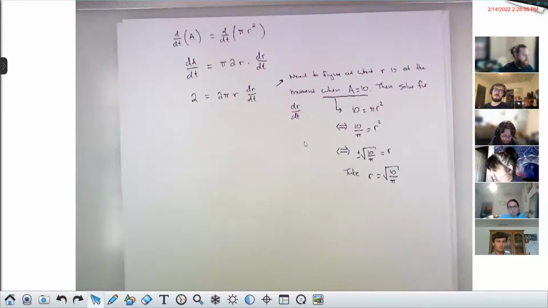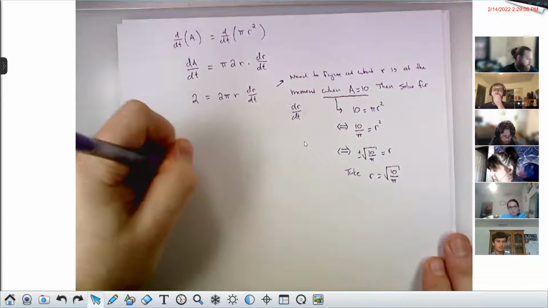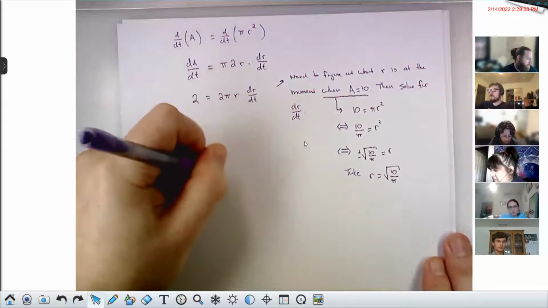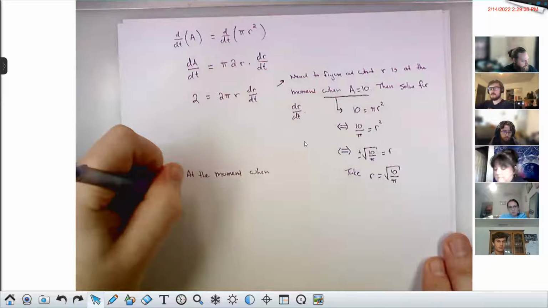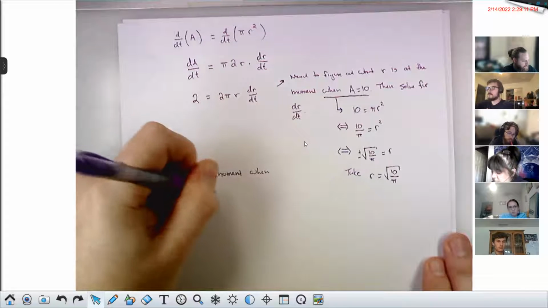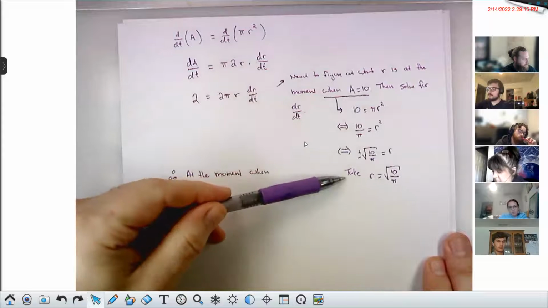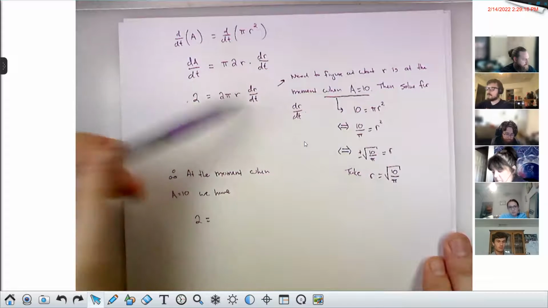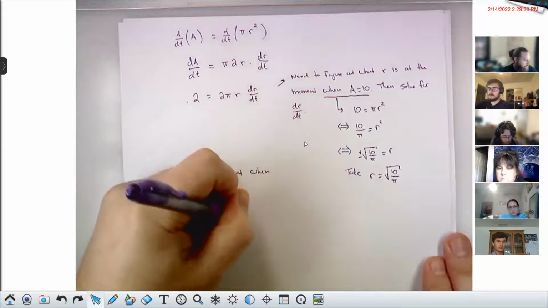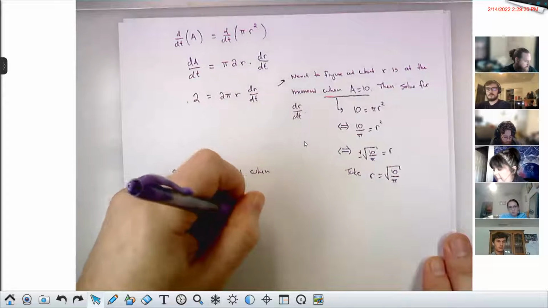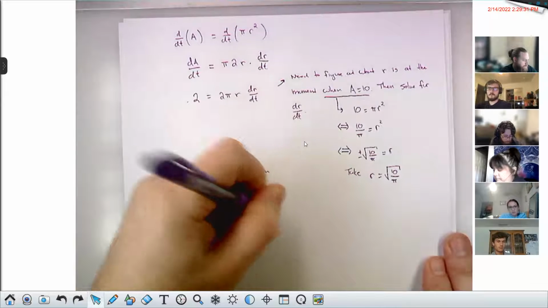Now we go ahead and just move the page up. Say therefore, at the moment when A is equal to 10, I'm going to plug this r value back in here and try to solve for dr/dt. So 2 equals 2 pi times the square root of 10 over pi times dr/dt.